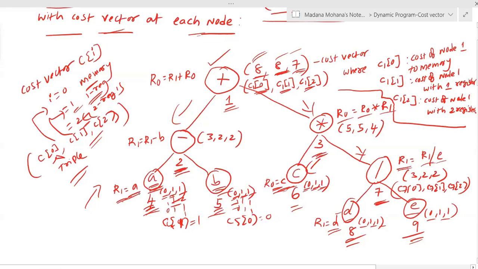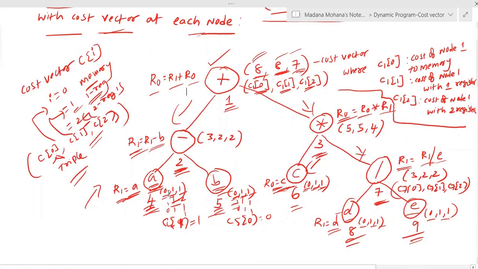Then similarly here A is stored in R1, then B is in a memory location. Then the matching instruction is R1 equal to R1 minus B. Then the instruction for multiplication is R0 equal to R0 into R1. Now the plus is computed by adding the R1 register and R0 register, and that is stored in R0. R0 equal to R1 plus R0. So this is the target code instruction sequence.